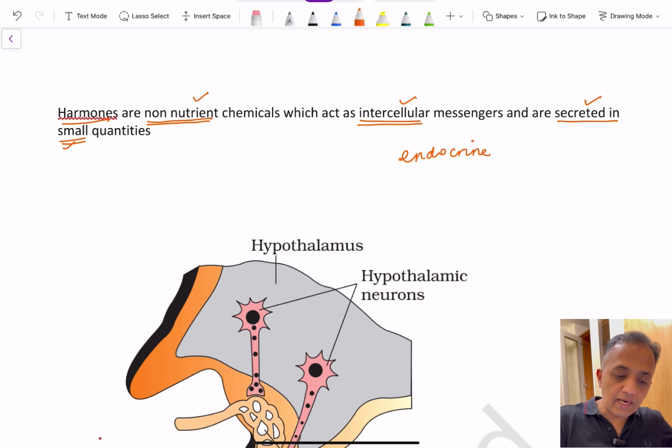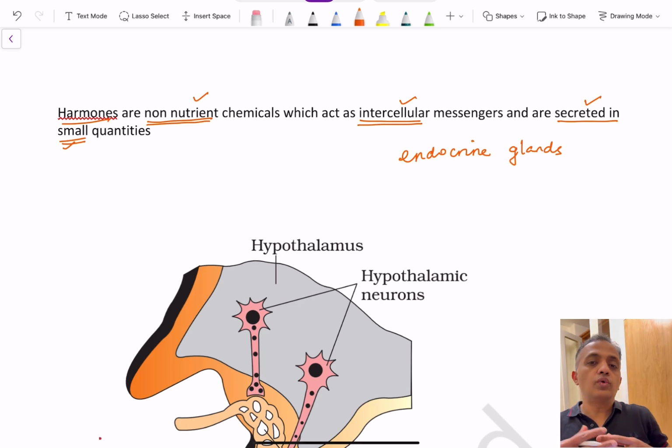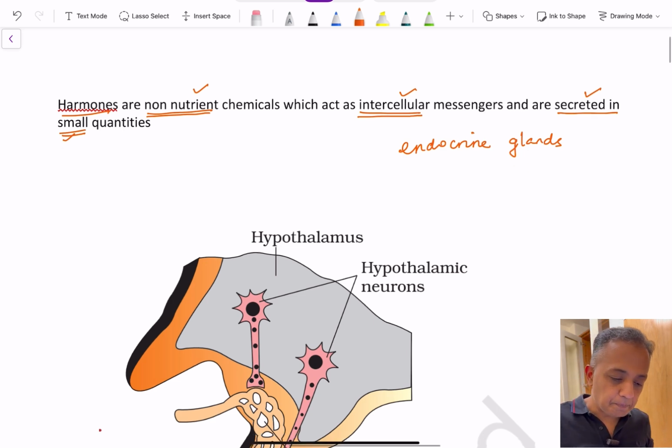The other type are exocrine glands, which secrete enzymes. The difference is that exocrine glands secrete their secretions via a duct, while endocrine gland secretions go directly into the bloodstream.